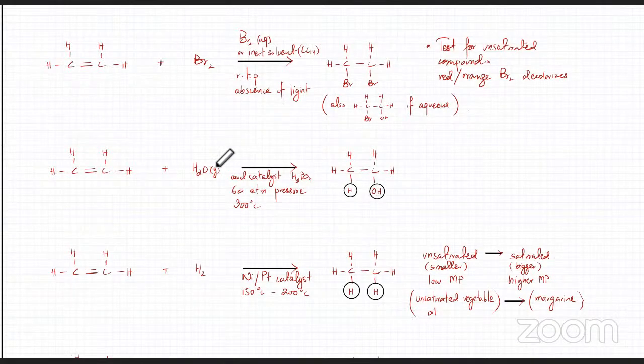You've got hydration, where water gets added to the double bond: H and OH, with phosphoric acid as the catalyst, at 60 atmospheres and 300 degrees centigrade. And then you've got a nickel or platinum catalyst at about 150 to 200 degrees centigrade, and the hydrogen molecules get added to the double bond.